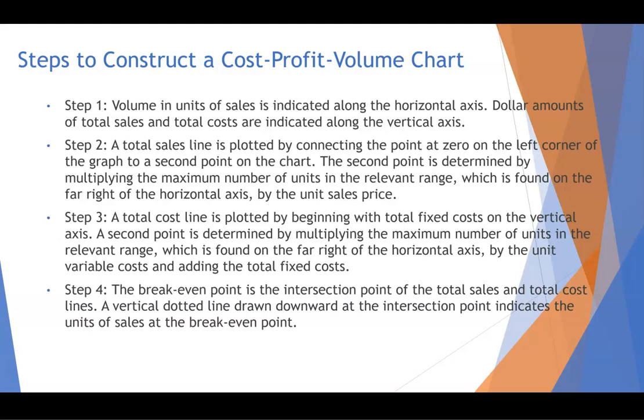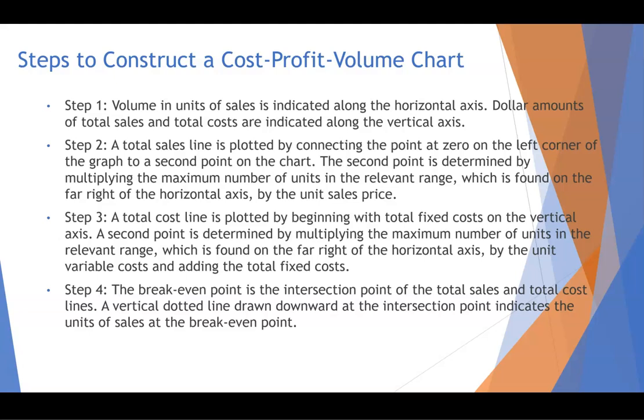So we're going to take the volume in units of sales along the horizontal axis, and the dollar amounts are going to be on the vertical axis. Then a total sales line we plot by connecting the points, and a total cost line is plotted by beginning with fixed costs on the vertical axis.